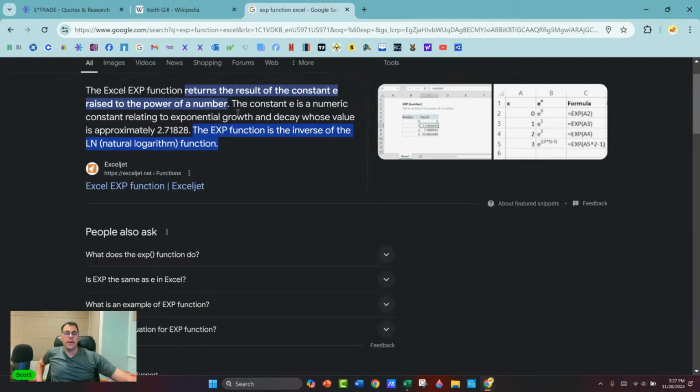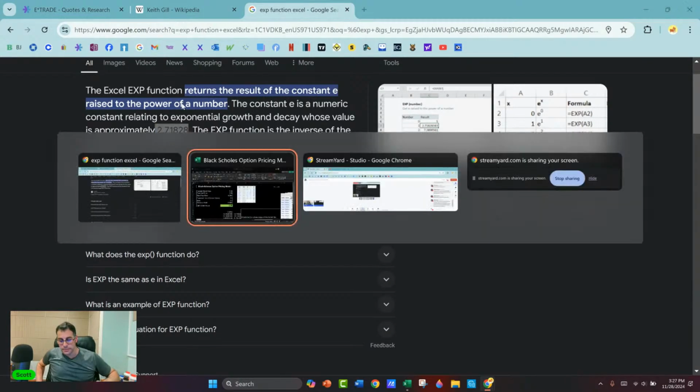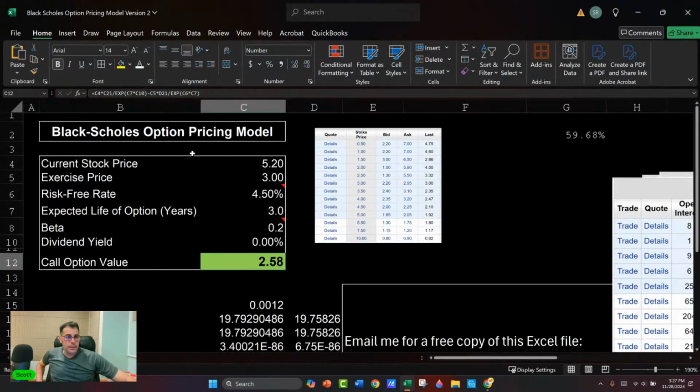And the constant e is exponential growth. Some people use just 2.718. That's what it's equal to. So this is a formula if you want to try to understand it better.